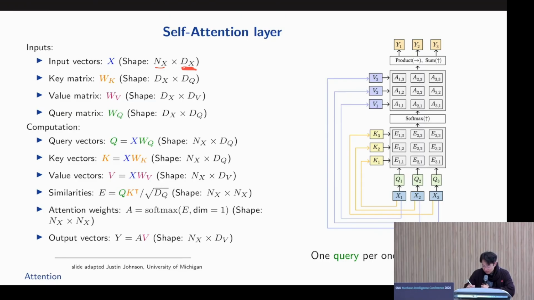And x1 you can interpret as the first token, second token, third token, or first character, second character, third character, or first word, second word, third word. It doesn't really matter. It's just some sequence of input.